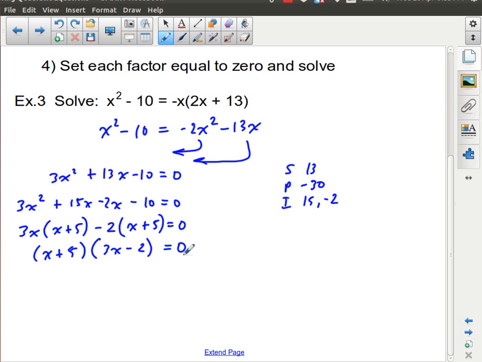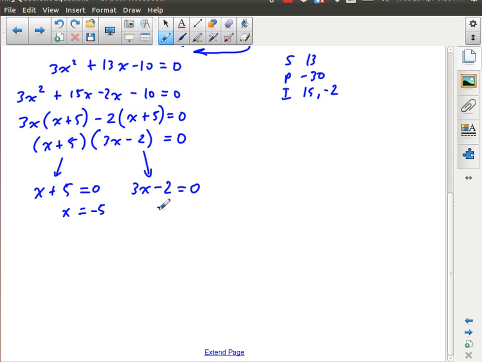Something times something equals 0. How is that possible? That could occur if x plus 5 were equal to 0, or it could occur if 3x minus 2 were equal to 0. So I solve each of these little mini equations. It gives me x equals -5, or 3x equals 2, x equals 2/3.